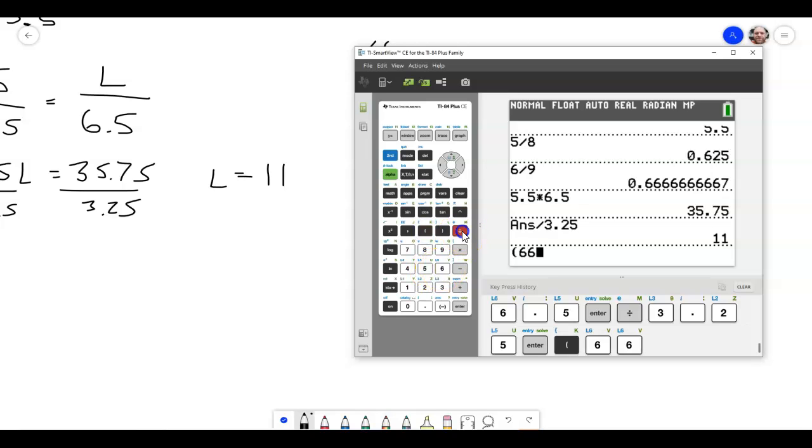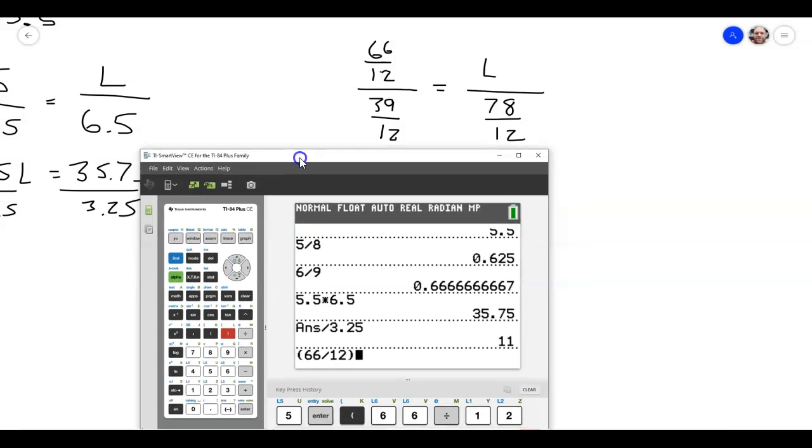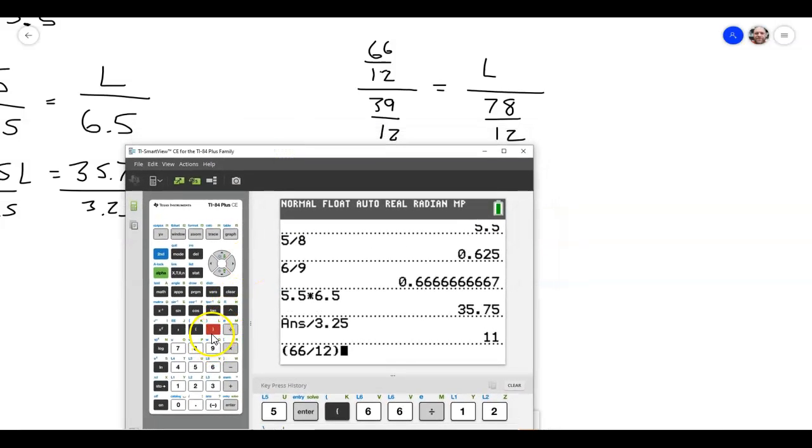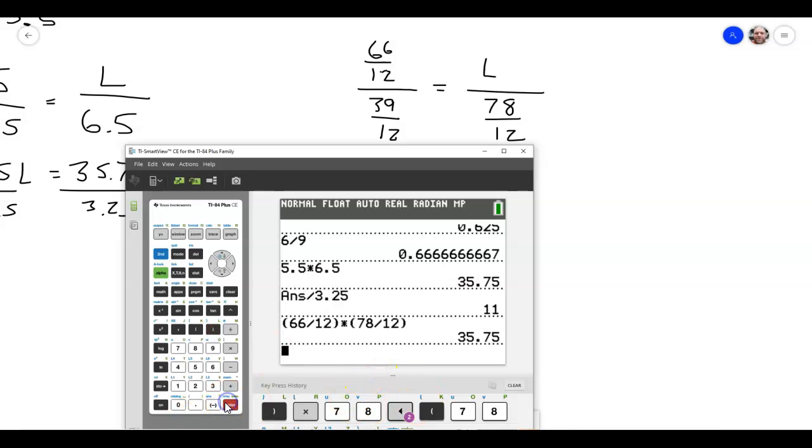So 66 divided by 12, close parentheses, times 78 divided by 12 in parentheses. And this ensures that it does the correct order of operations by putting these parentheses in there.